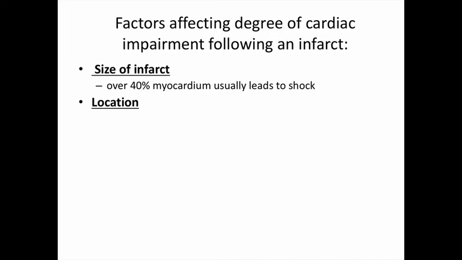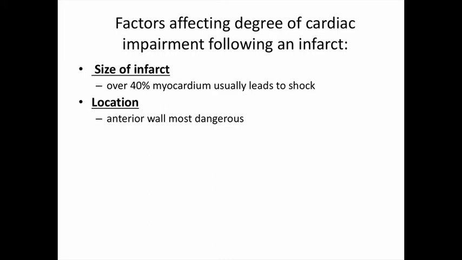The next significant thing is, what part of the heart is actually affected? The anterior wall of the left ventricle is the most dangerous. That's because the left ventricle is our big pumper, right? It's responsible for generating enough pressure to eject the blood to pump systemically.